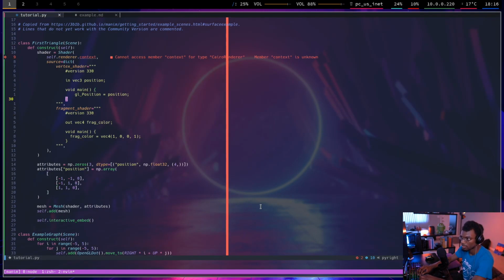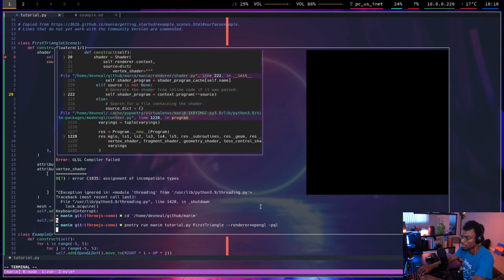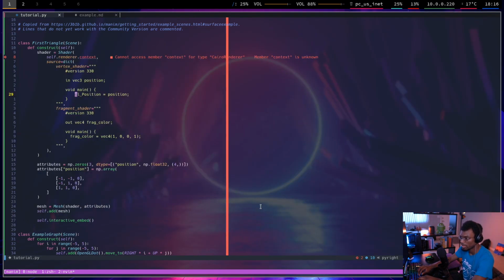Let me see. GL position must be a 4-dimensional thing. What I think I'll do for this example, though, is to make it 3-dimensional at first, so that I don't have to get into homogeneous coordinates right off the bat.